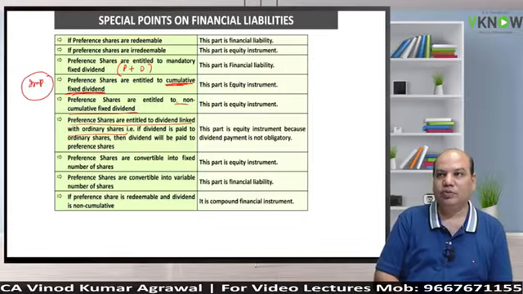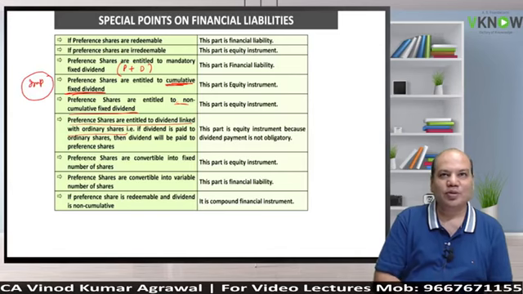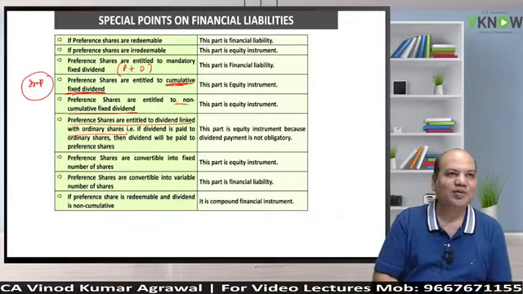The terms and conditions say the preference dividend will be paid only in those years where the equity dividend is also paid. Is it liability or equity? This dividend part is equity because the company can infinitely not pay the equity dividend. It is at its discretion and therefore it can be avoided.